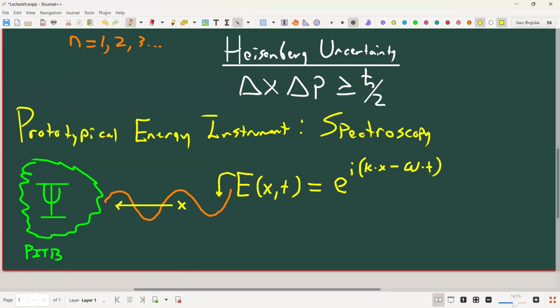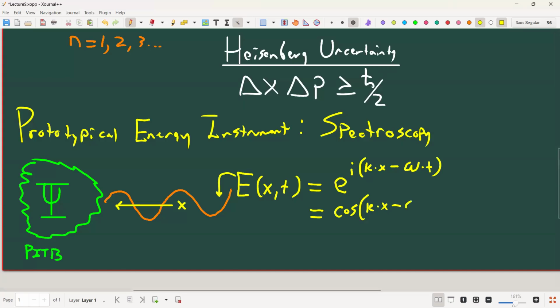So there's an oscillation that happens in space. Let me rewrite this for you really quickly in a simpler form: cosine(kx − ωt) plus i sine(kx − ωt).